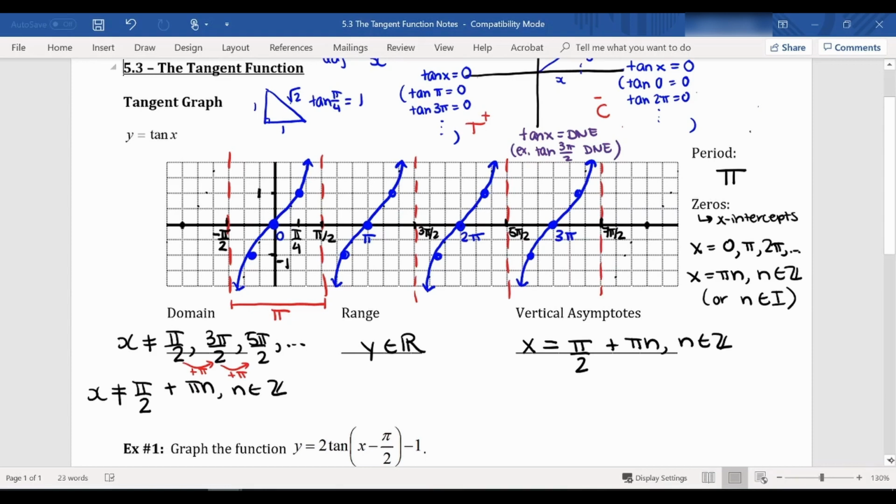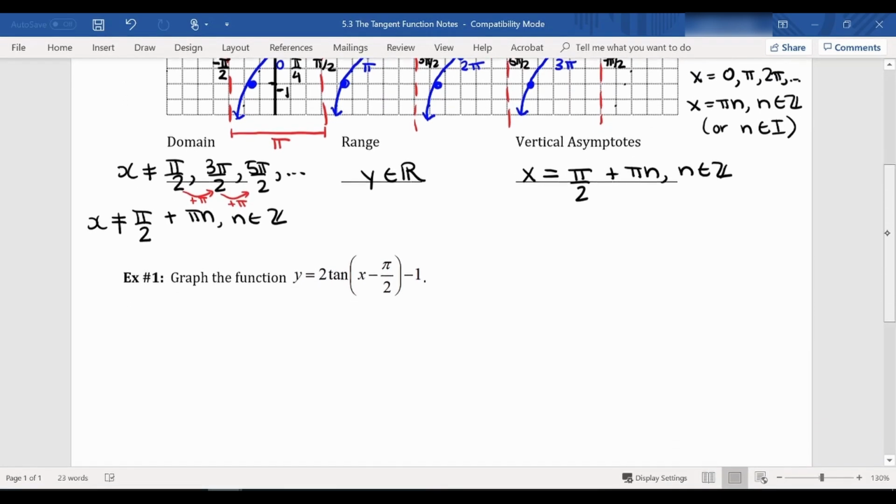Our base graph, it goes up by 1. If our amplitude was, say, 5, we'd put a point halfway between 0 and the asymptote, but we would go up by 5.